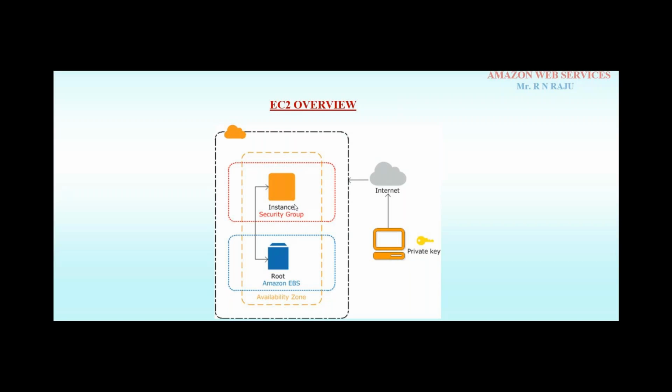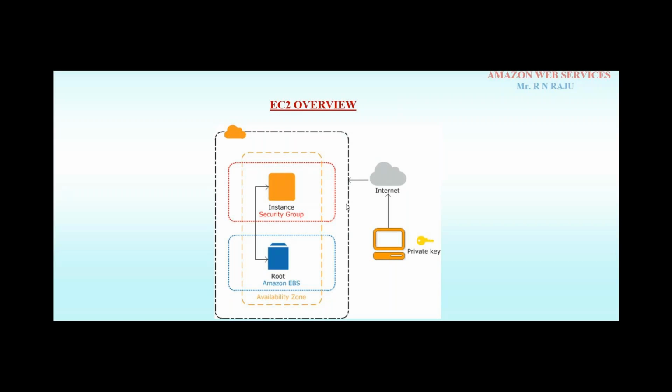And then finally, the instance is running in one availability zone. But how to connect and manage this instance? On your laptop, we need to generate a private key. While creating the EC2 server, it asks you to create the private key. We need to attach it and connect to the instance. The private key is like your passphrase, your key, your password.